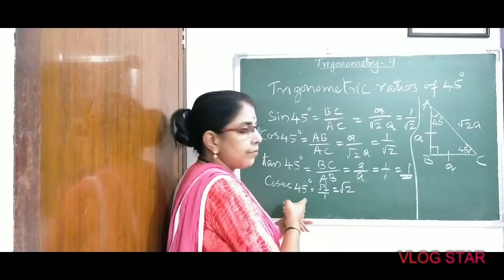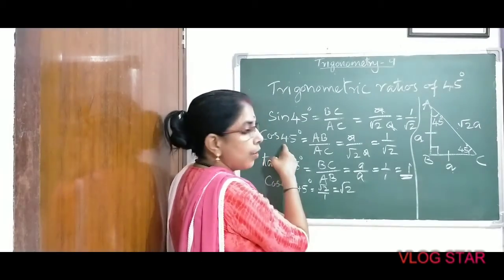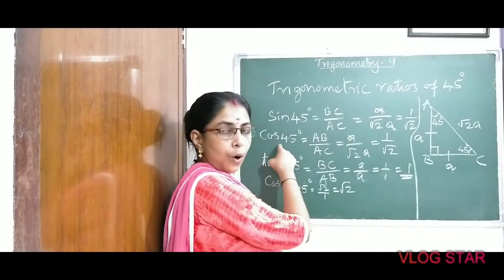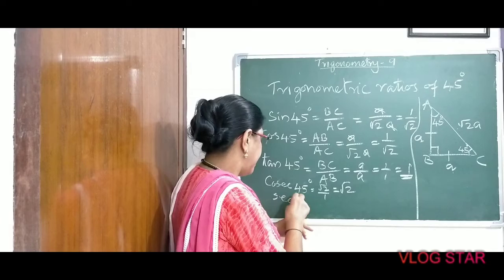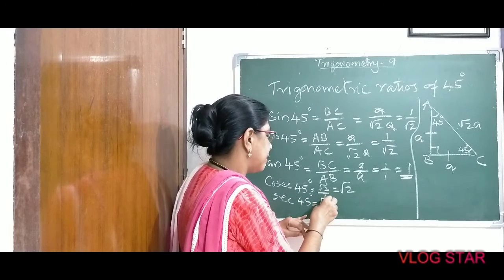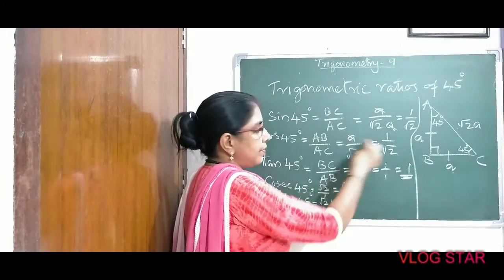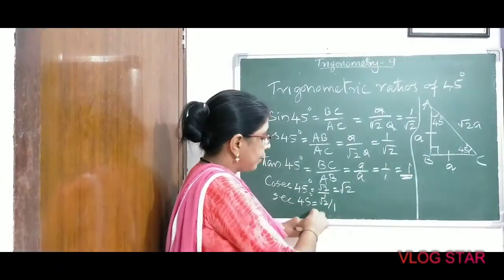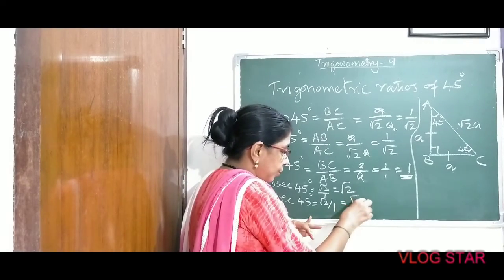Therefore, cosec 45 is root 2. Next, the reciprocal of cos is sec. Sec 45 is the reciprocal of cos 45, which is 1 by root 2. Therefore, its reciprocal is root 2 upon 1, equal to root 2.